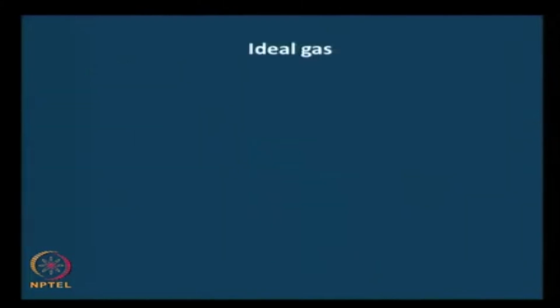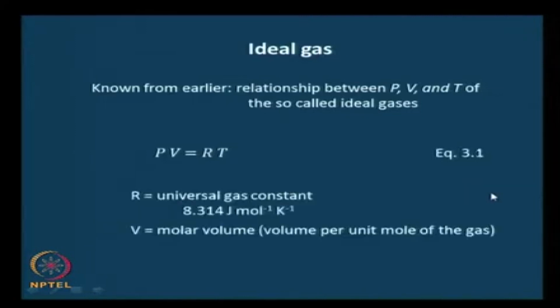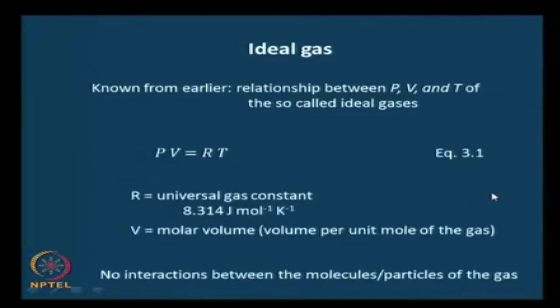That was the whole scheme of things for this module, and we first looked at an ideal gas, which you are already familiar with from your earlier classes. So, we will not spend much time on that. We know that the relationship between P, V and T for an ideal gas is PV equals RT for 1 mole of an ideal gas, or molar volume considered here, and this results when there are no interactions between the molecules of the gas.